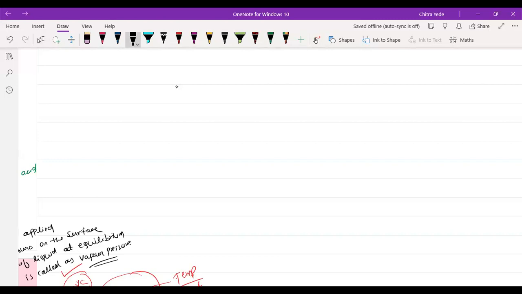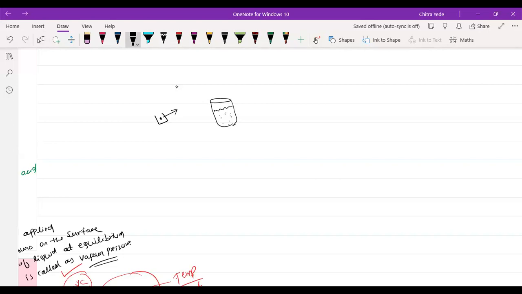Can you calculate the melting or boiling point of water for one molecule only? Is it possible? No, sir. So we are always using bulk properties of matter. That means a large number of molecules we are considering together.